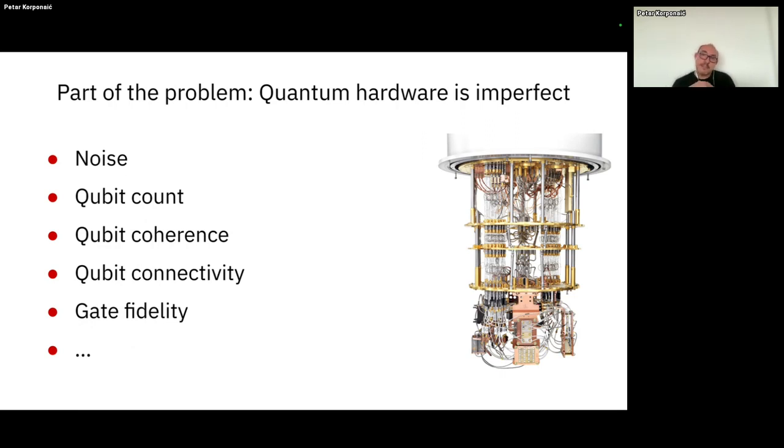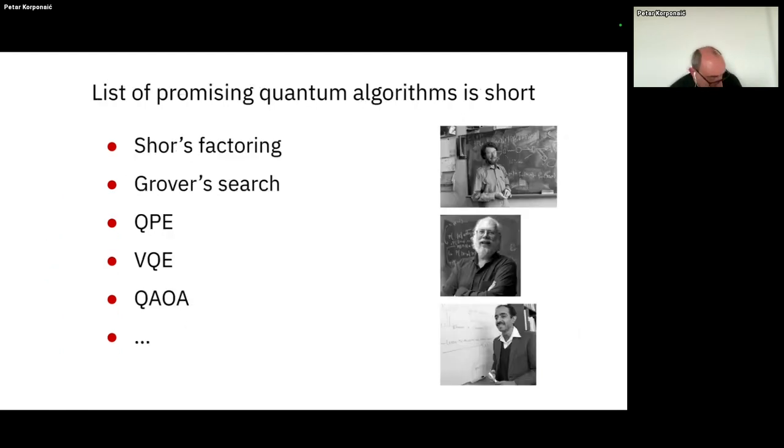So theoretically, it's very powerful. It's much more powerful than classical digital computers, but in practice, we are not there yet, and quantum hardware is part of the problem. The second part of the problem is quantum software, or quantum algorithms. We have only a few promising quantum algorithms.